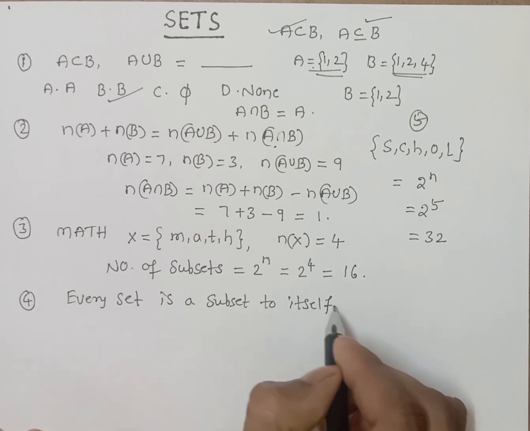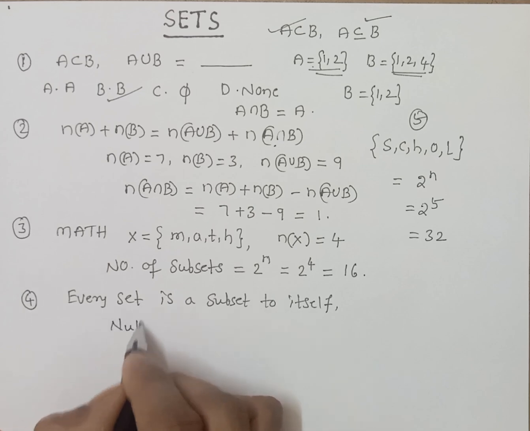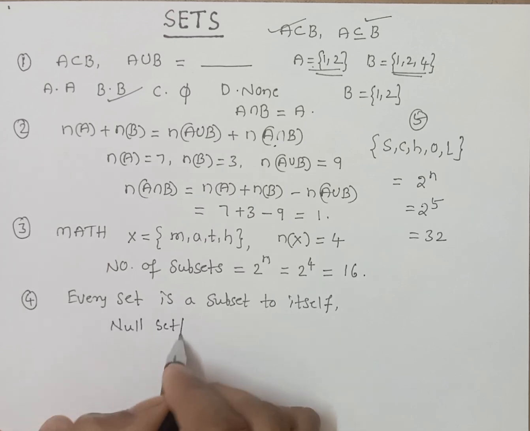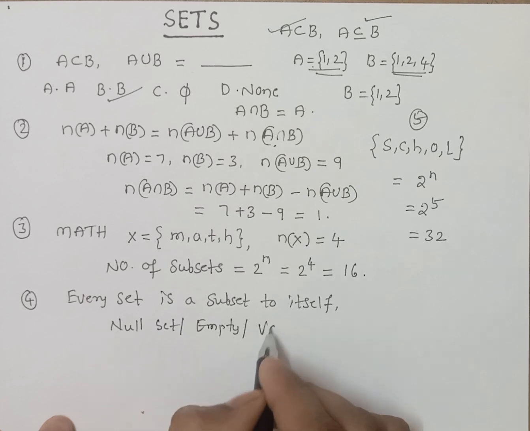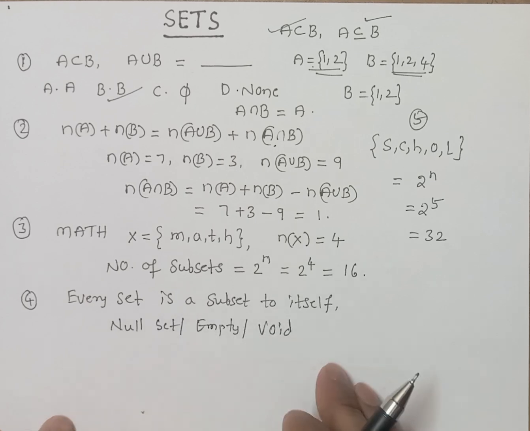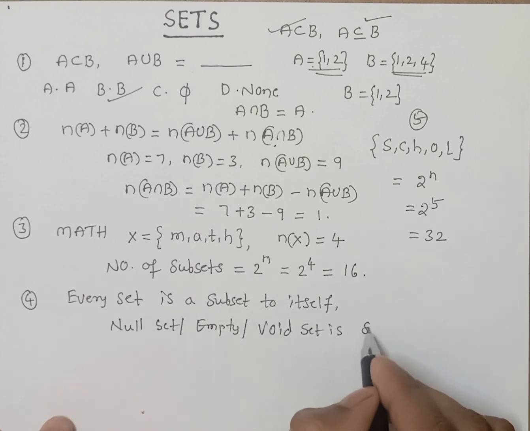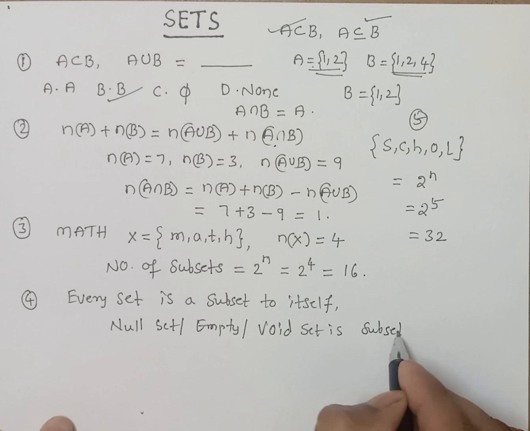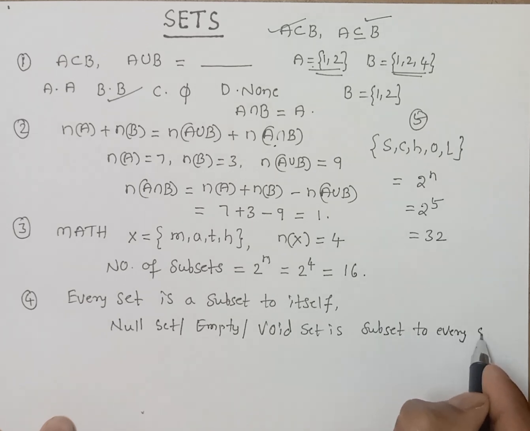And one more point, the null set, which we sometimes call the empty set, and it is also called the void set. These are all the names for the null set. The null set, empty set, or void set is a subset of every set.